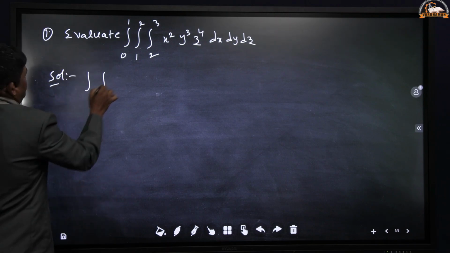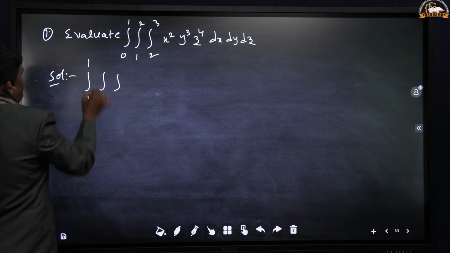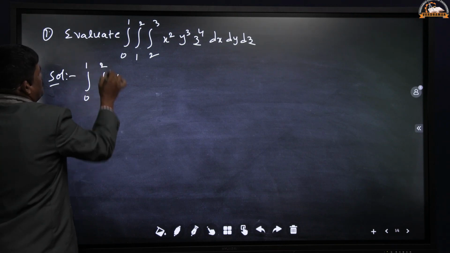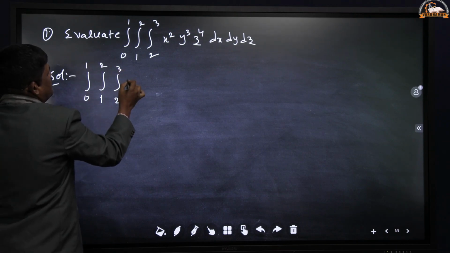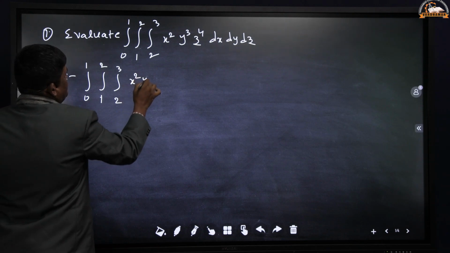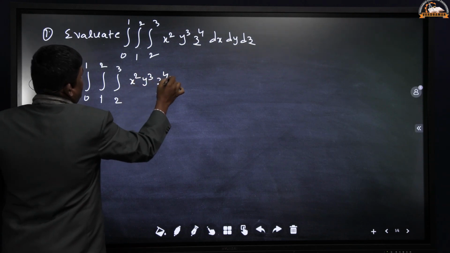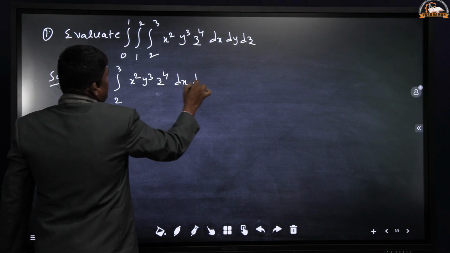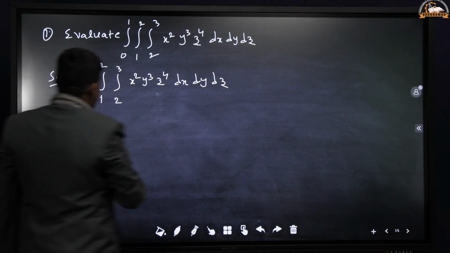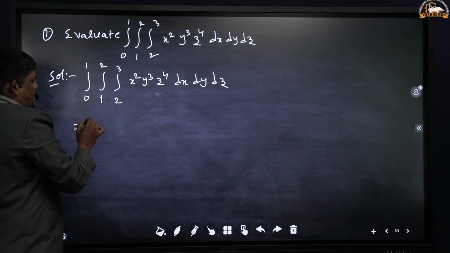Coming to the solution, the triple integral 0 to 1, 1 to 2, 2 to 3 of x square y cube z power 4 dx dy dz. I am going to take this as it is.